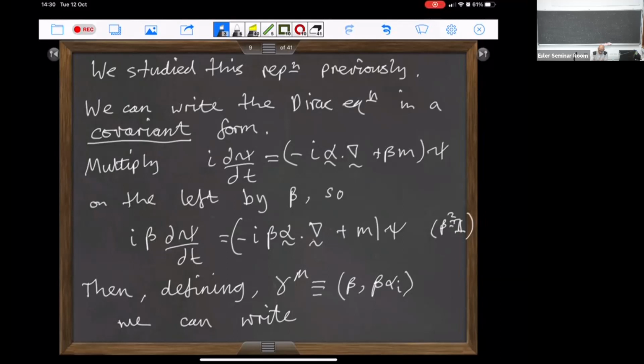So here I've written the equation we started with, where I've substituted i d/dt for H, and similarly for momentum. If we take this equation and multiply it on the left by beta, then we get the equation below, and we use the fact that beta squared is the identity. It's one of the conditions of the Dirac algebra.